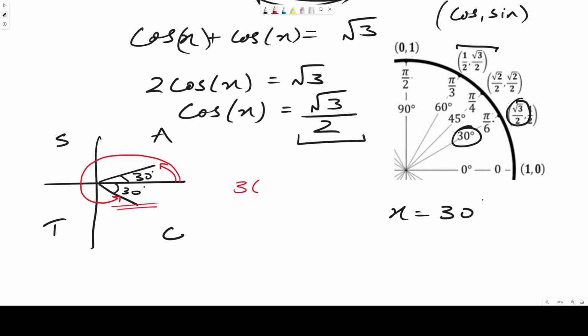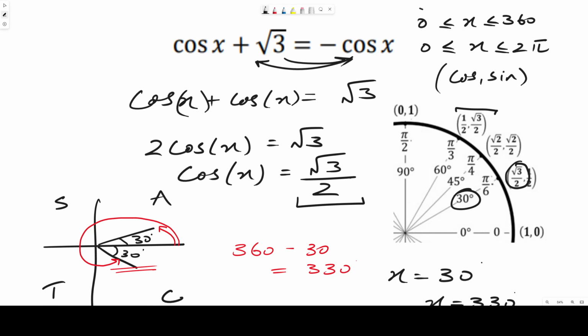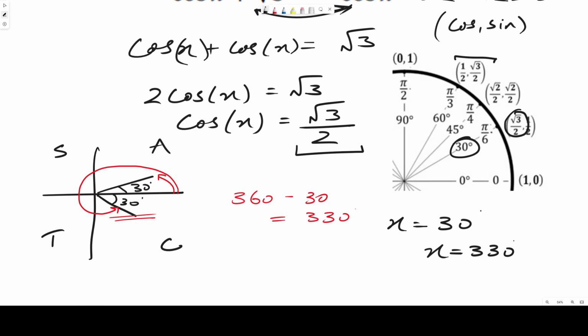It would be 360 minus 30, which would be equal to 330 degrees. So I can say my other answer for cos of x equal to root 3 over 2 is that x can also be 330 degrees. And both of these are within the values which were given to us, 0 less than or equal to x less than or equal to 360. I hope this made sense.